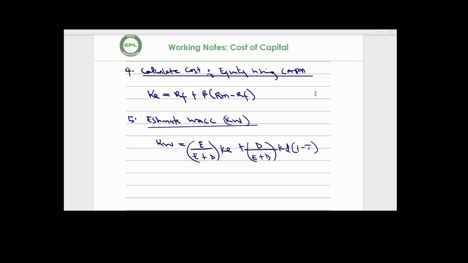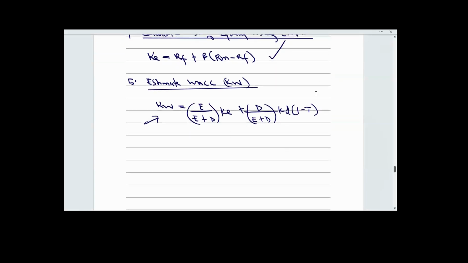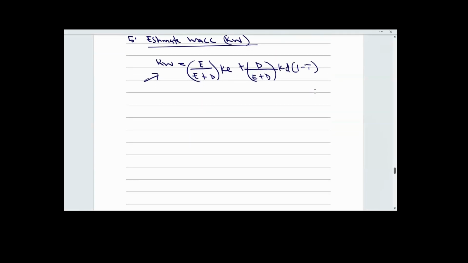So the capital asset pricing model formula to calculate cost of equity is what you have here. After that, of course, the final step is to calculate WACC. You're already familiar with the formula for calculating WACC. So let me just explain the variables once and for all.